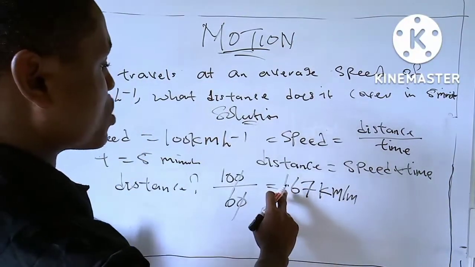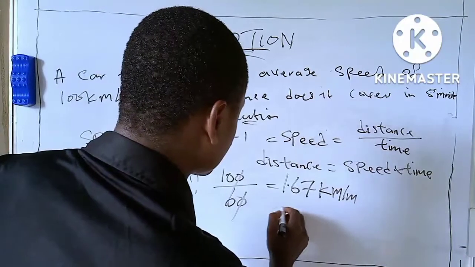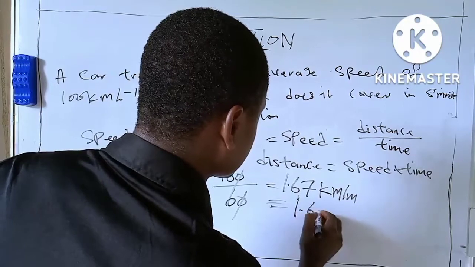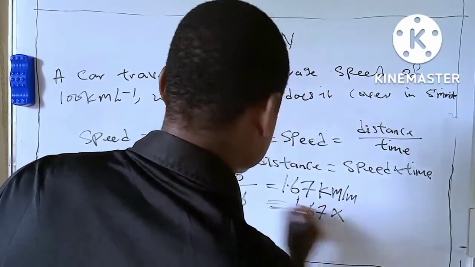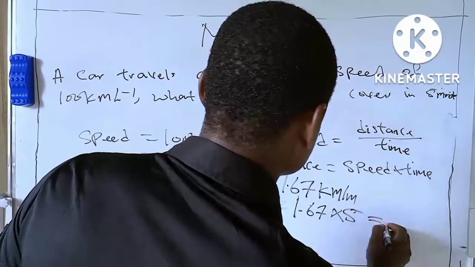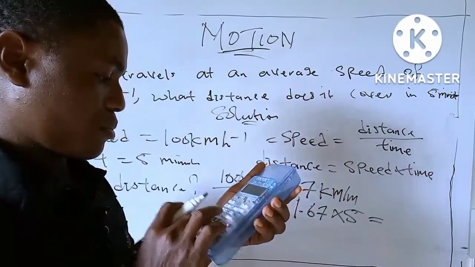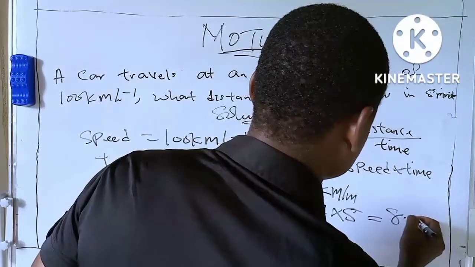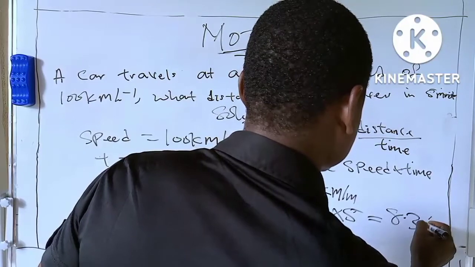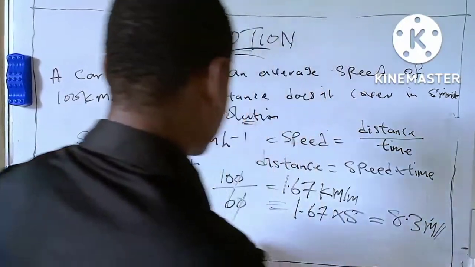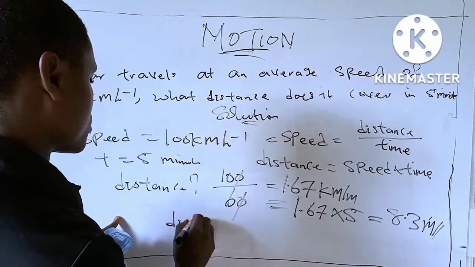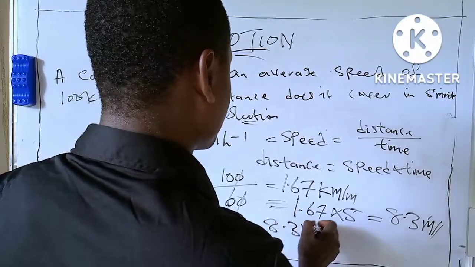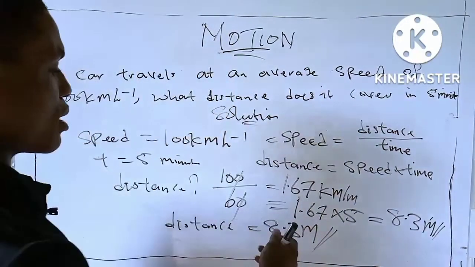So here our speed is 1.67, so distance equal to 1.67 times 5, equal to 8.3 kilometers. So our distance is 8.3.